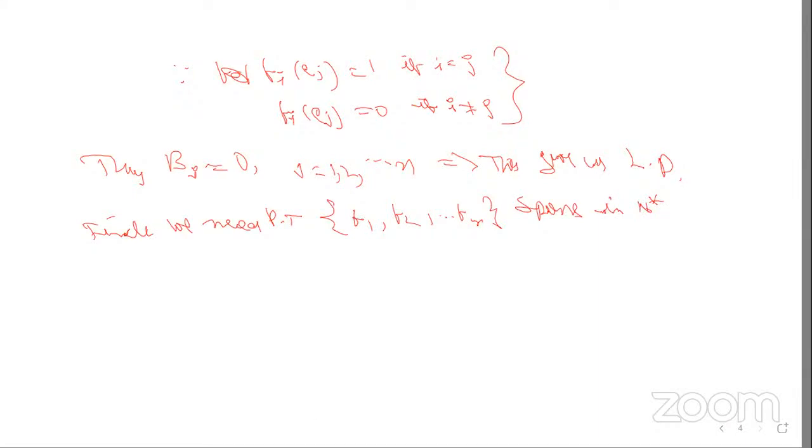So here, let f equal to sigma i equal to 1 to n lambda i fi. This is equation number 1.